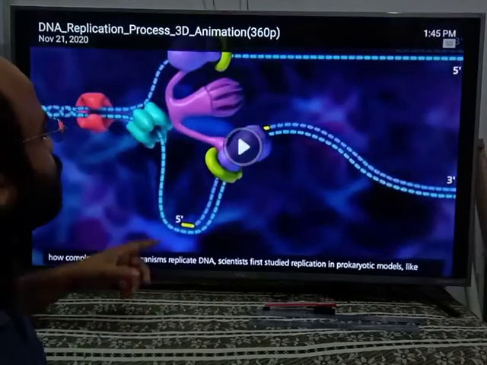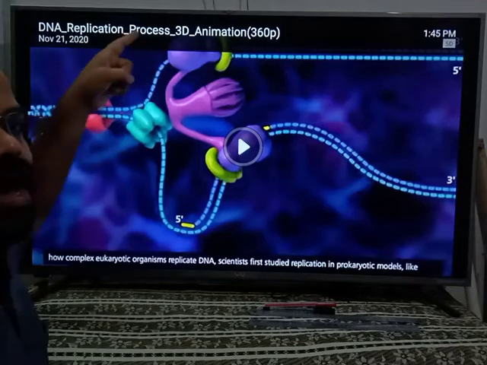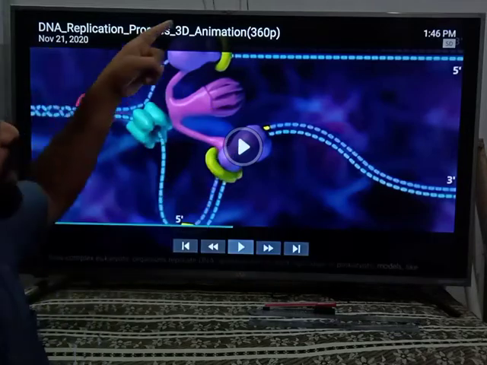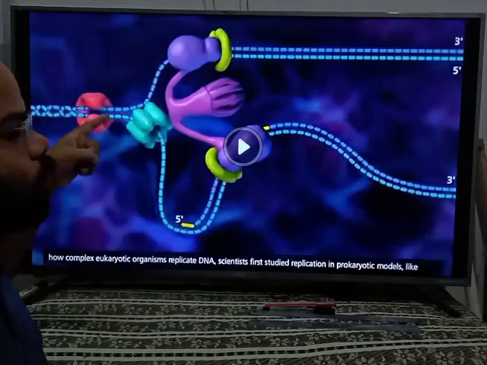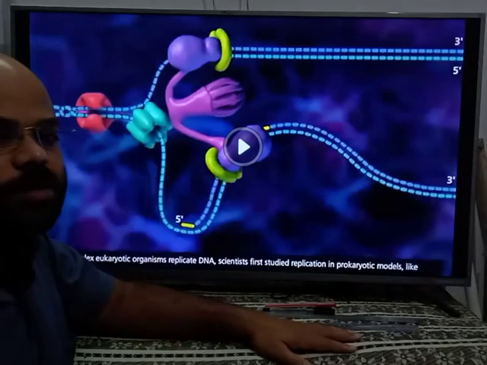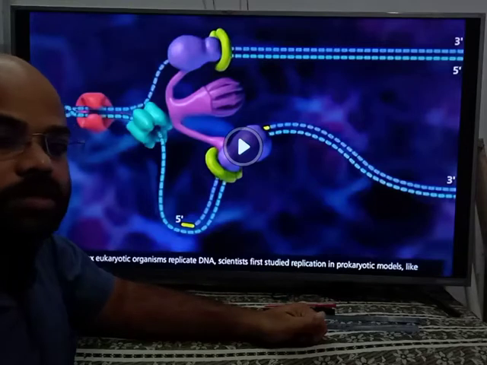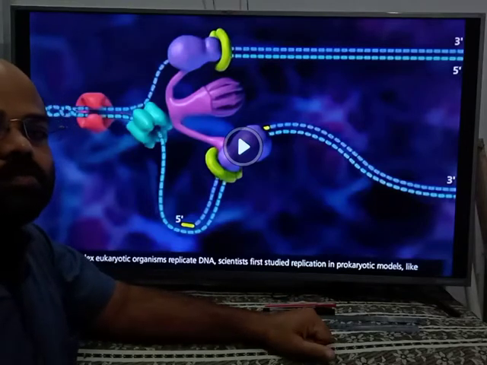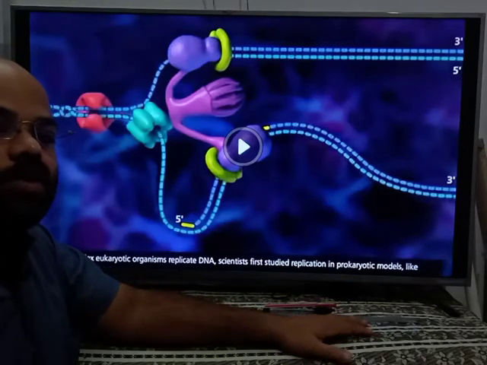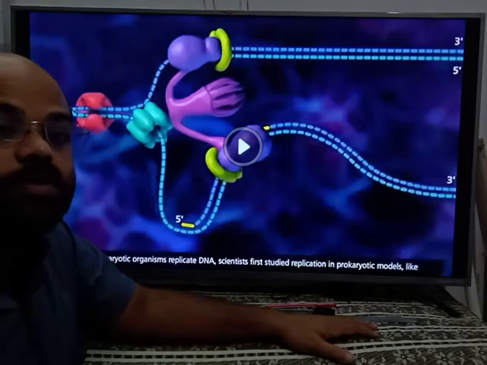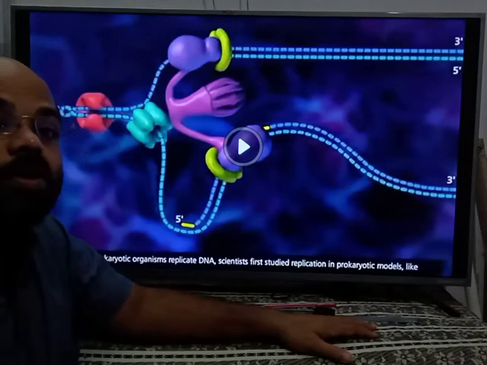See, this is the complex, all the enzymes, the whole replication complex, whatever enzymes we have studied. Topoisomerase, make a note. Topoisomerase is also called gyrase, G-Y-R-A-S-E, important.